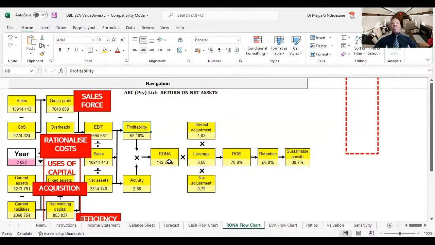On the assets that we have invested in this entity, what is the ultimate return? What we'll not touch on today, but just as an introduction, is that if we understand how we maximize our return on net assets, then we understand other ratios that are necessary to make sure that when we're scaling our entity, we achieve sustainable growth.